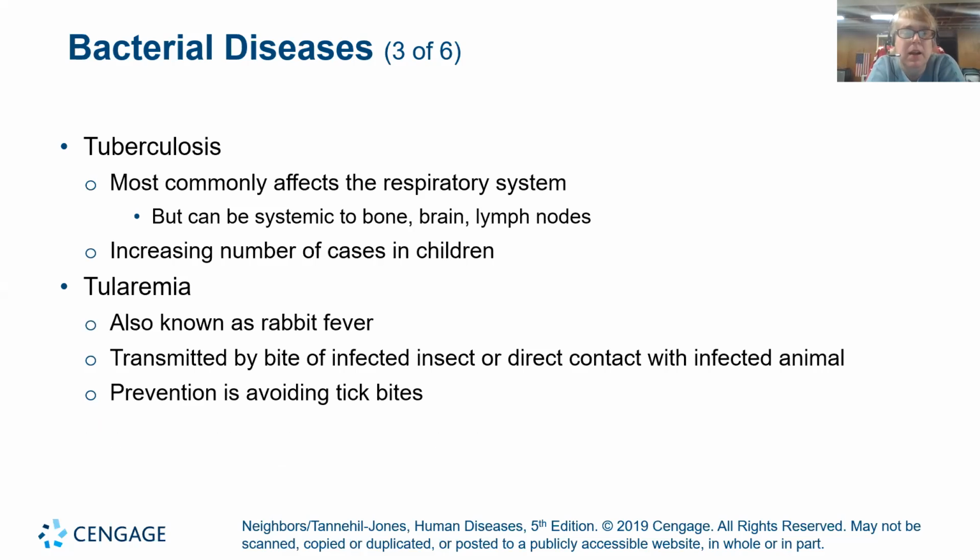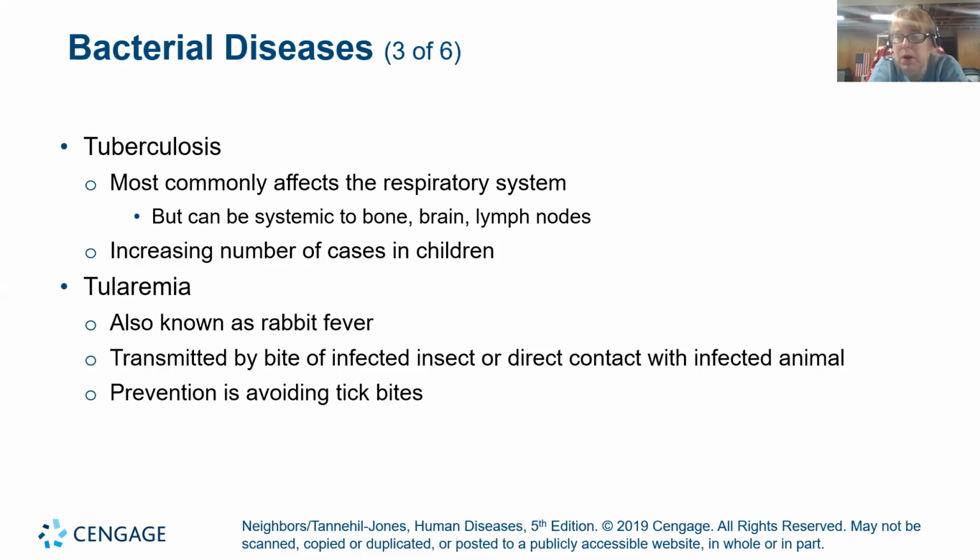Tuberculosis, there is no vaccine for tuberculosis. There is no way we can prevent it, but we can treat it. Okay, it most commonly affects the respiratory system, but it can be systemic. It can get into the bones, the brain, the lymph nodes. It is very easily tested for by a PPD Mantoux test on the arm.